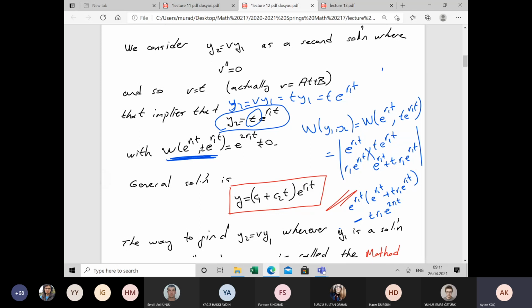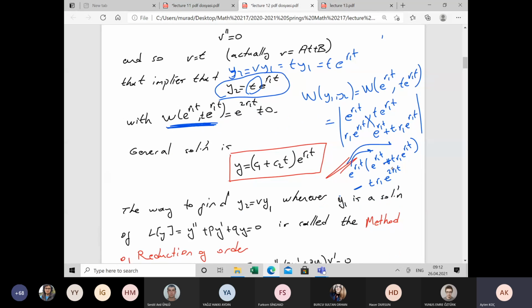This one and this one give plus and minus, so we obtain only this part. The Wronskian is e to the 2 r1t. It's okay. We know that this is always non-zero. So yes, y sub 2 and y sub 1 are a fundamental solution.